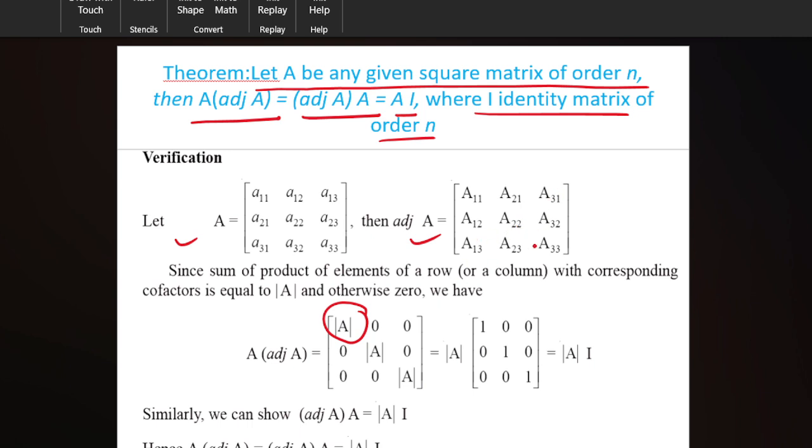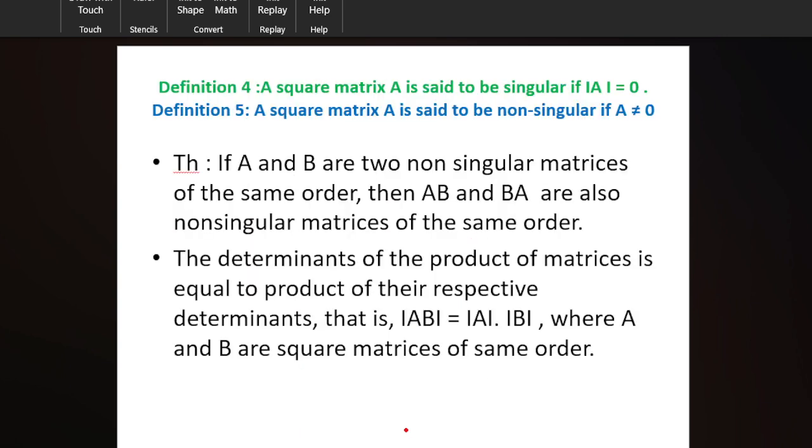Similarly, first row elements with third row cofactors will be 0. Similarly, the others also: determinant of A, 0, 0, 0, determinant of A. Now the determinant of A is common, so it will be determinant of A into I. Therefore, A into adjoint of A equals determinant of A into I.